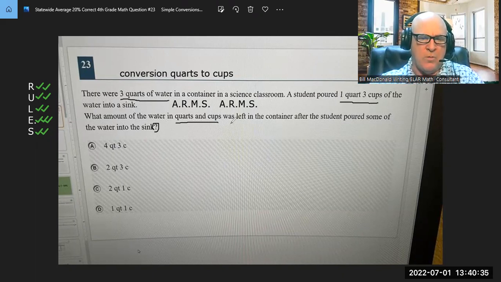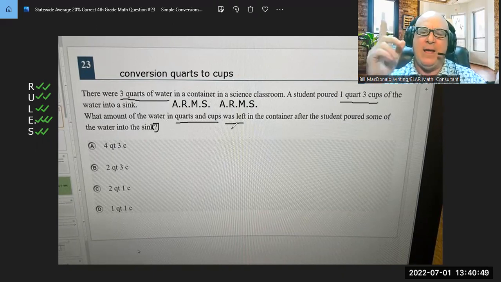And if kids don't know conversions, then they're going to struggle. But if you make it easier for them to understand the conversion, then they'll have an easier time. So the keyword here is left, okay? Quarts and cups, how much left? Because if I started with 3 quarts and I threw away one of those quarts and 3 cups from the quarts, then I'm going to have an understanding of what that might look like.